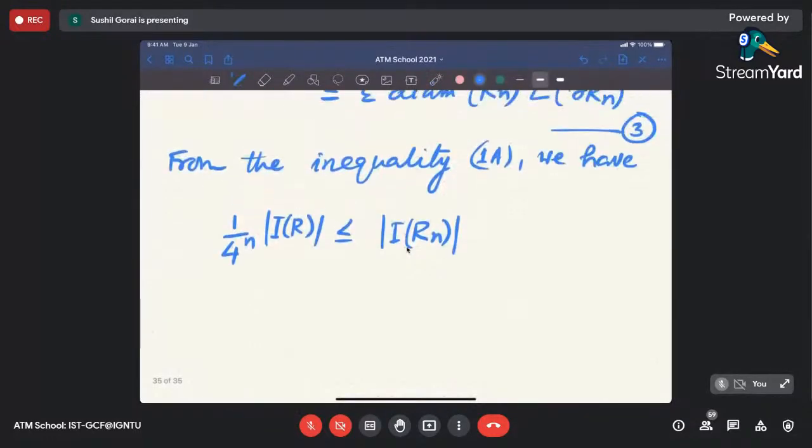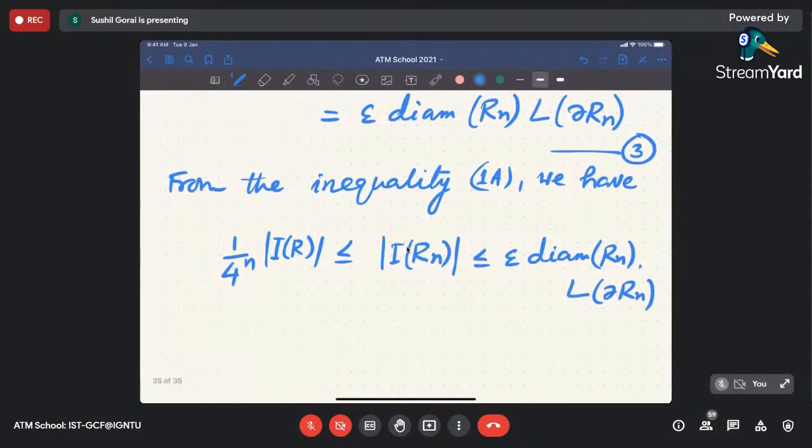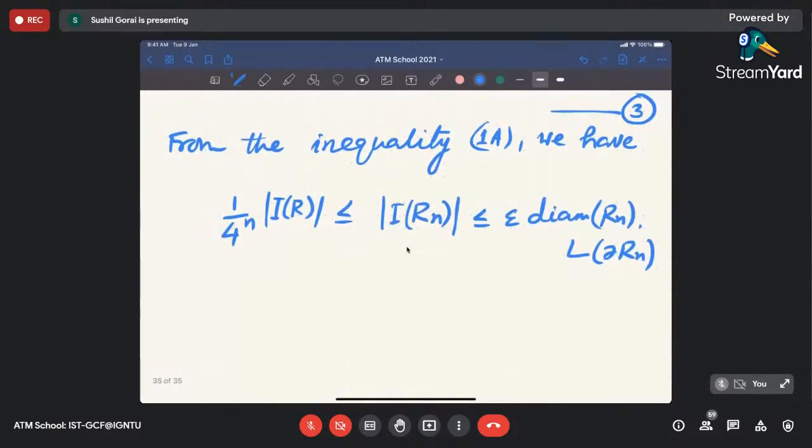So, and then we use here |I_Rn| is less than or equal to epsilon times diameter of Rn times L of ∂Rn. Now this implies, so call this 4.